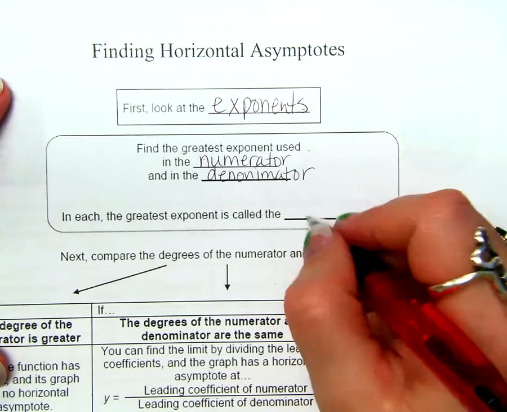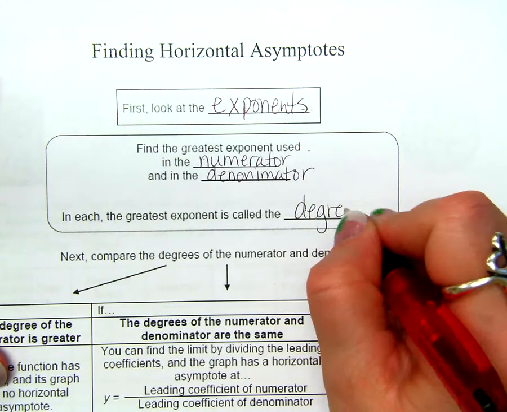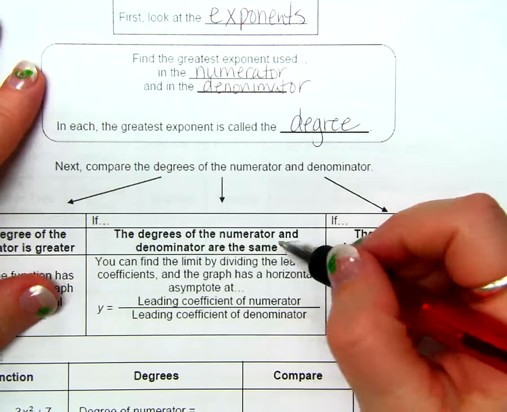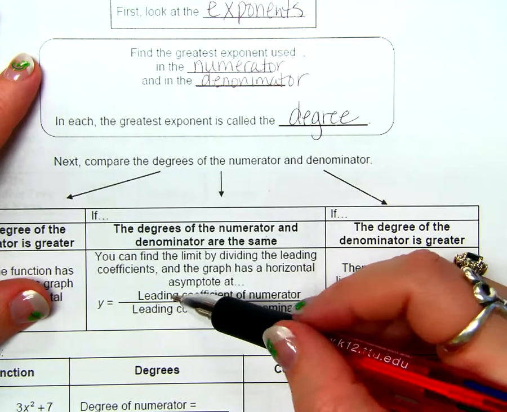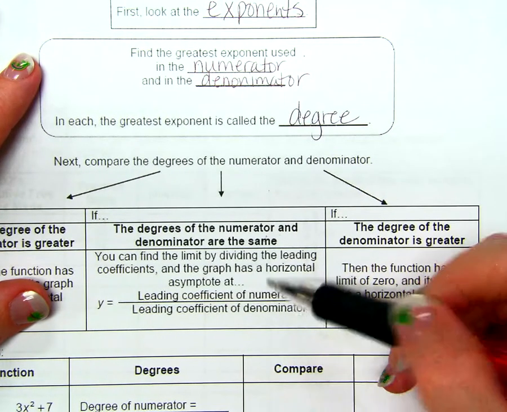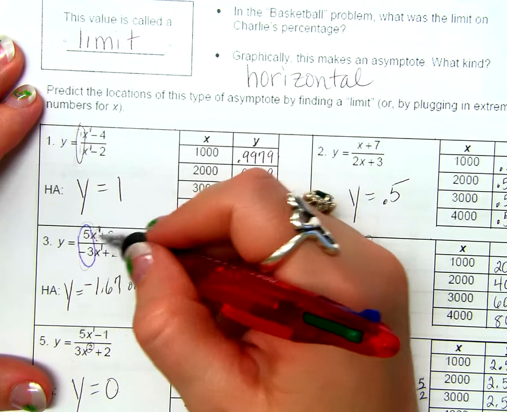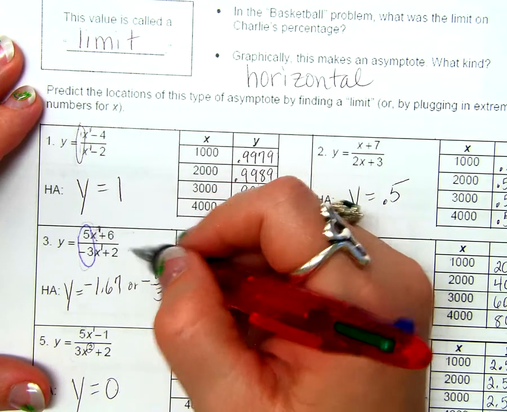Those greatest exponents are called the degree. Here's the one we just talked about. When the degrees are the same, you look at the leading coefficient of the numerator. That's big vocabulary words for math, but all it means is, if the exponents are written in order, it's the one in the front. It's the leading one. Okay?